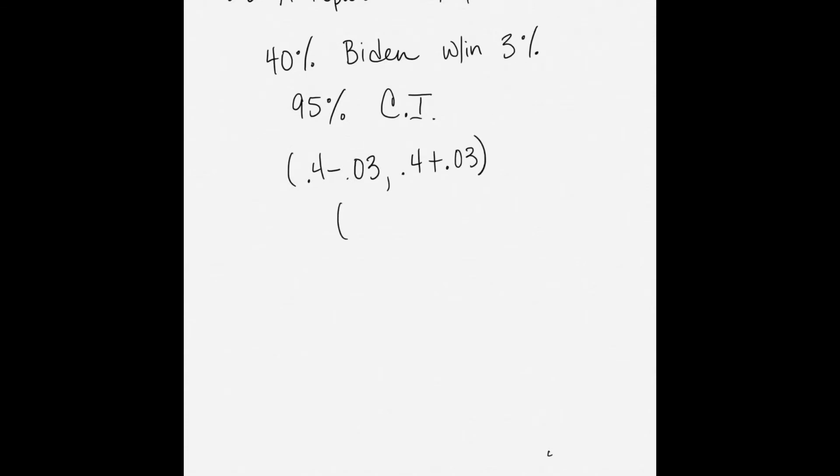So that interval will be 0.37 to 0.43. So we are 95% confident that the actual number of Democrats who are going to choose Biden is between 37% and 43%. So this is what we're doing for 8.3, these confidence intervals.